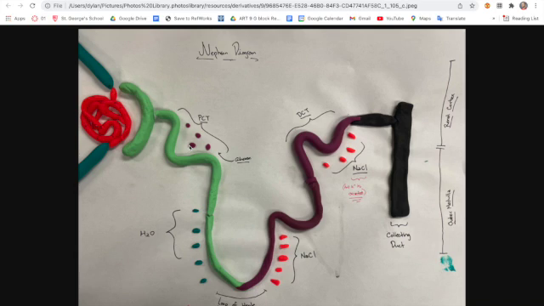The osmolality gradient formed by the mainly active transport of ions, which is unfortunately not visible on this diagram, creates an osmotic gradient within the PCT and the peritubular capillaries, which allows the immediate reabsorption of water at the peritubular capillaries and the eventual reabsorption of water at the loop of Henle through the process of osmosis.